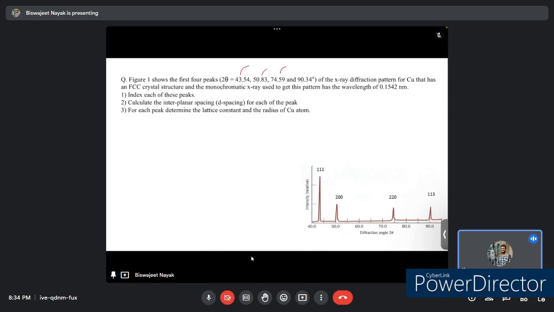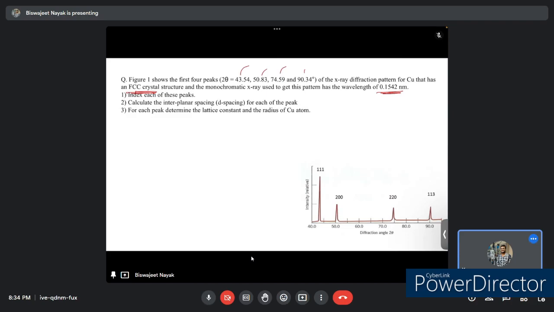The X-ray diffraction pattern is for copper that has FCC crystal structure, and the monochromatic X-ray used to get this pattern has a wavelength of 0.1542. So we have to index each of these peaks, calculate the interplanar spacing and determine the lattice constant.